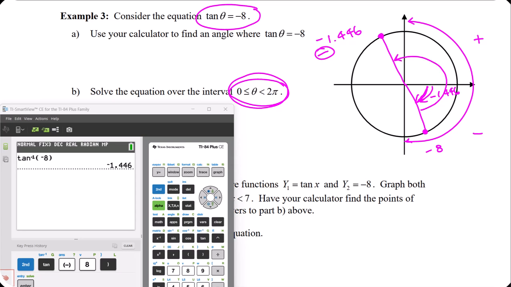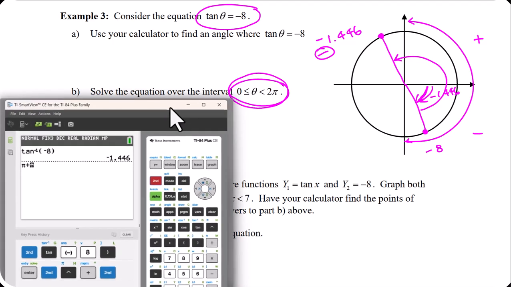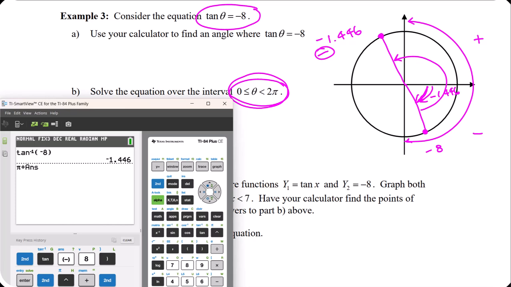So I take second pi plus the angle I just found. So second answer, and enter. And so this angle in the second quadrant is 1.695.